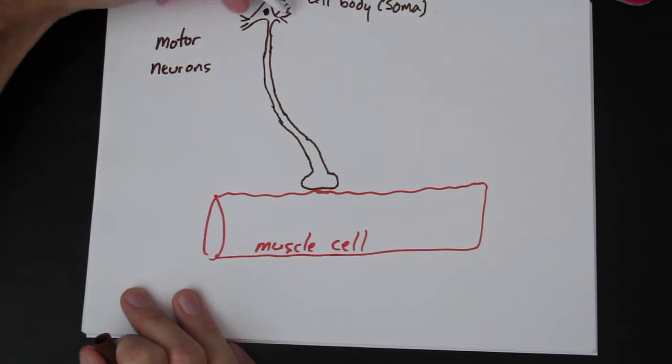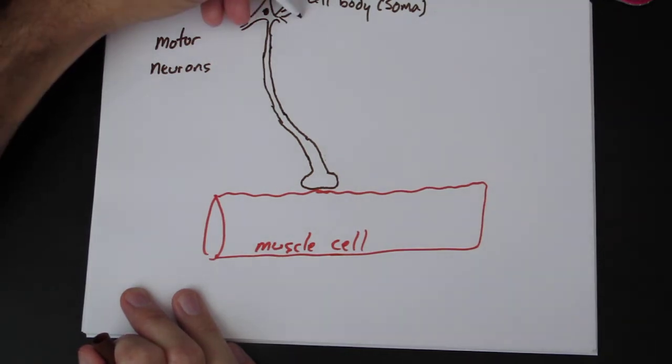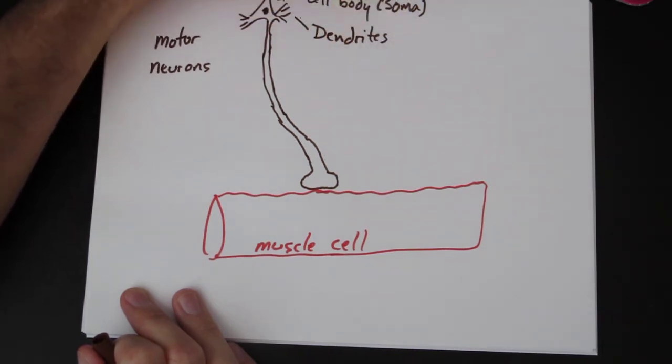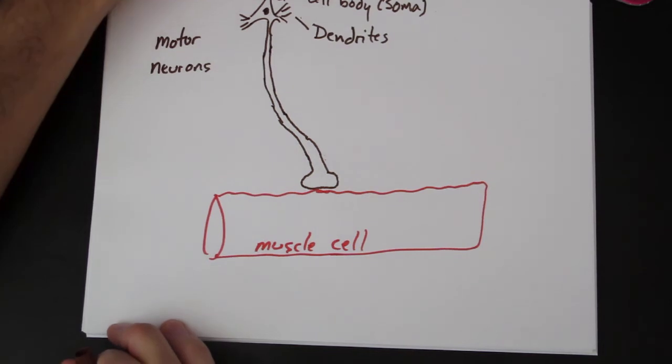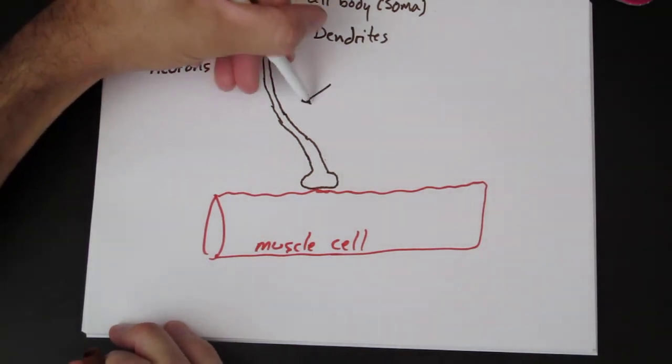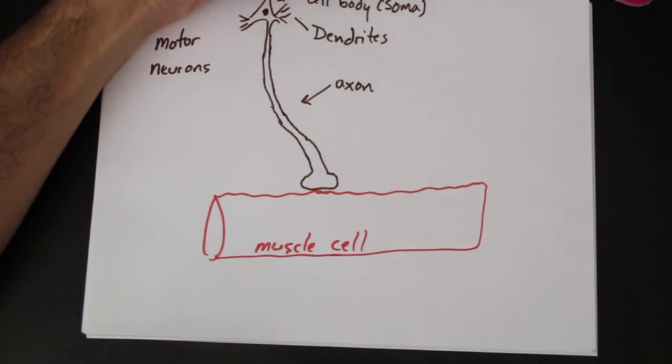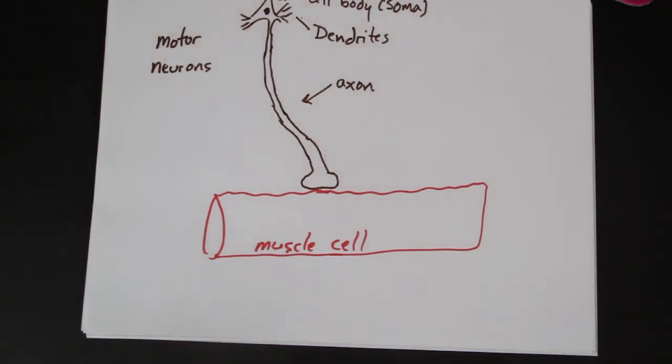All of these little projections that I've drawn all over the place are called dendrites. And then most neurons have a single long projection called an axon that travels away and goes to some other organ. In the case of these motor neurons, that axon is going towards this muscle cell.